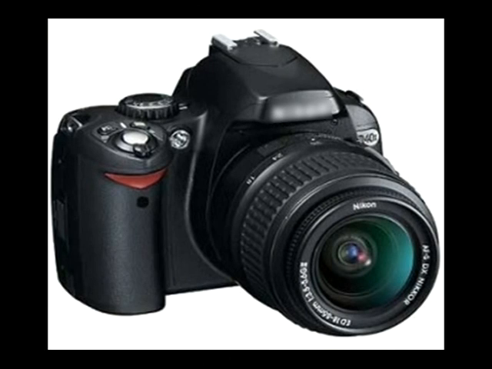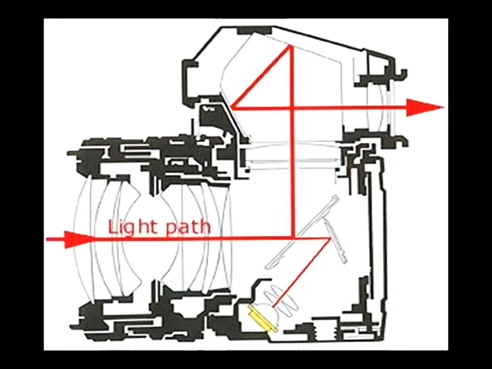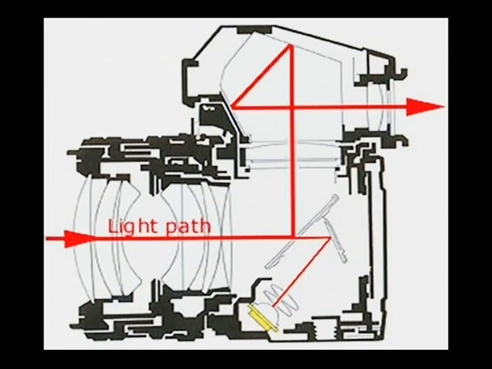This problem is solved by the single lens reflex viewfinder, where we use a single lens for taking the picture as well as for viewing. This is used in most of the professional cameras. Here you can see the light path enters through the lens and gets reflected by a 45-degree mirror and falls onto a ground glass.